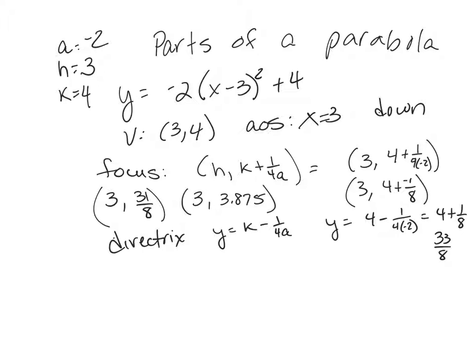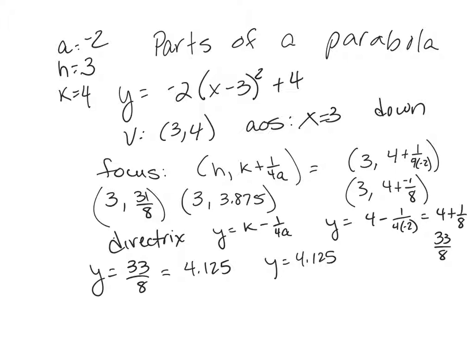So it's going to be y equals 33/8. You're just following the formula. And 33/8 is 4 point what? 4.125. So y equals 4.125 is your directrix.